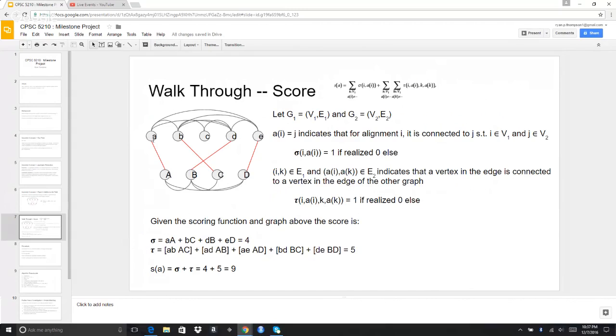Now tau asks if you have an edge and each vertex in that edge is connected to another realized edge in the second graph. So AB is connected to AC because AC is a true connection, and then you have AD, and so on here, and you wind up with 5.